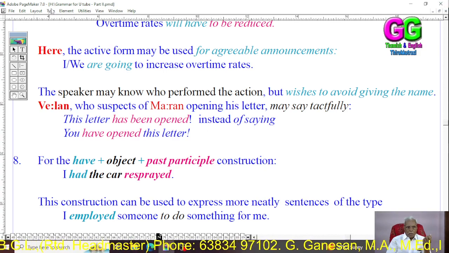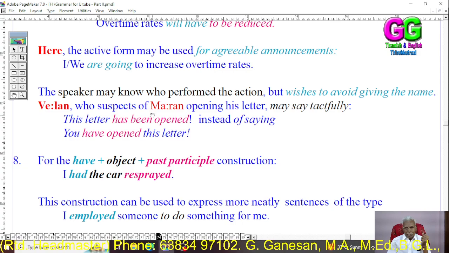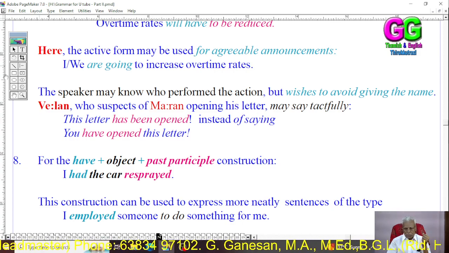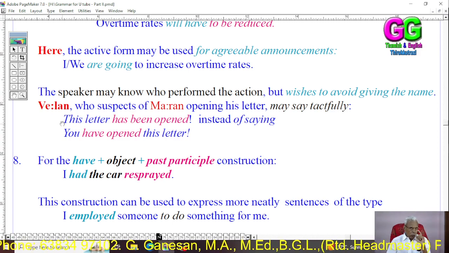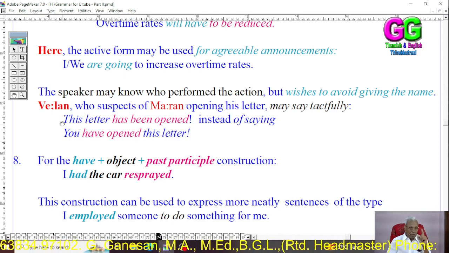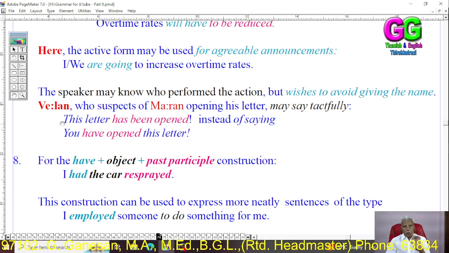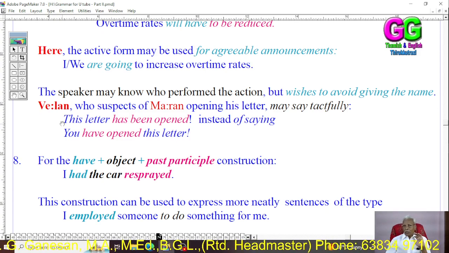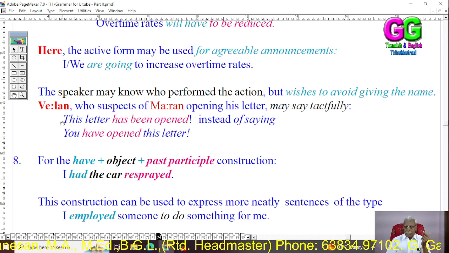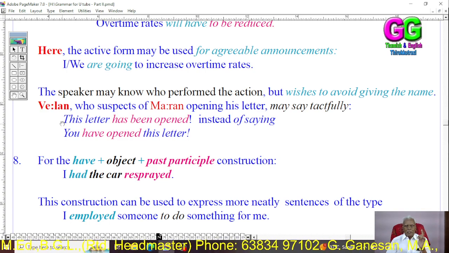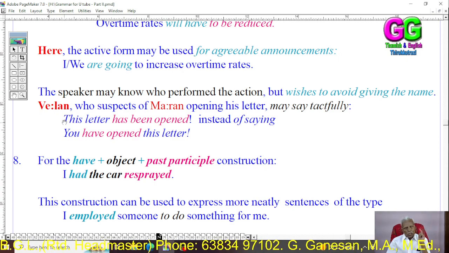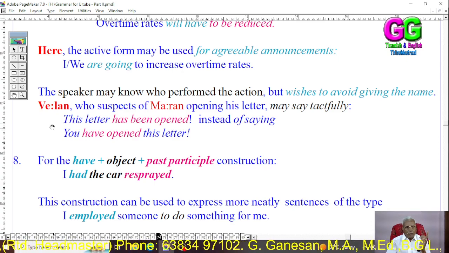See, Vernon suspects Moran of opening his letter, and may say tactfully, since Vernon knows Moran has opened his letter, to avoid telling his name, it would be wiser to express it in passive form.